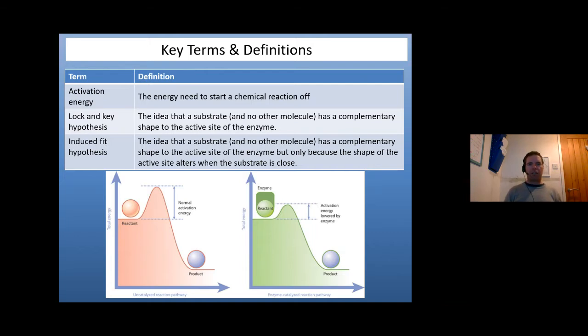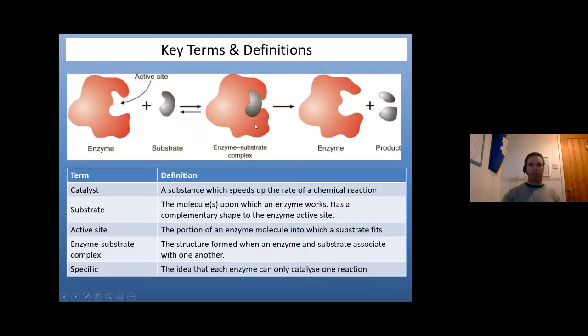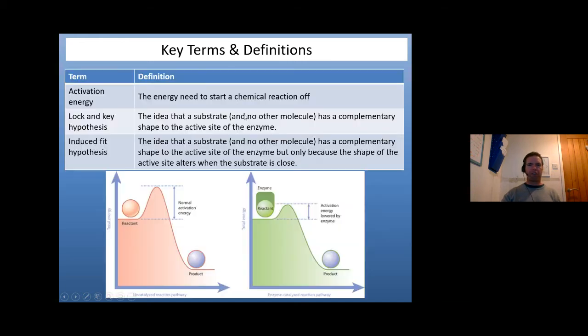Now, I mentioned just now, if I go back a slide and say, look, if conditions are favorable, we can get the formation of the product, okay, and regeneration of the enzyme. Well, when we say are conditions favorable, we're saying, is there enough energy for the enzyme substrate complex to overcome this activation energy? So you've got two diagrams here, which are just trying to explain exactly what enzymes or catalysts do.